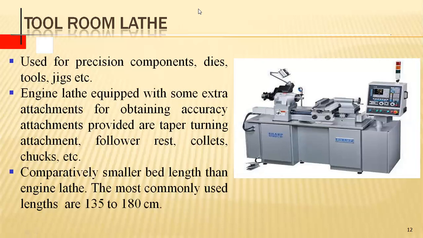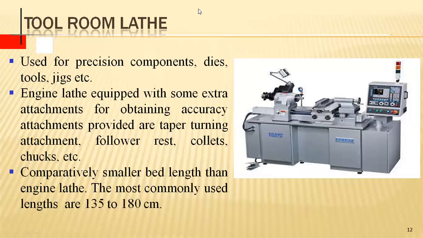When compared to the engine lathe, in this particular tool room lathe machine we will be having a small bed, but it has a length of 135 to 180 centimeters for its operation from the headstock to the tailstock.